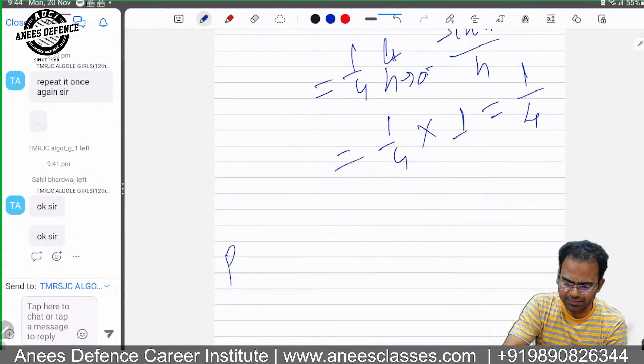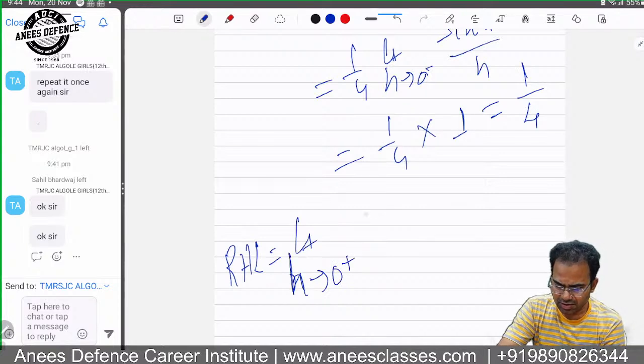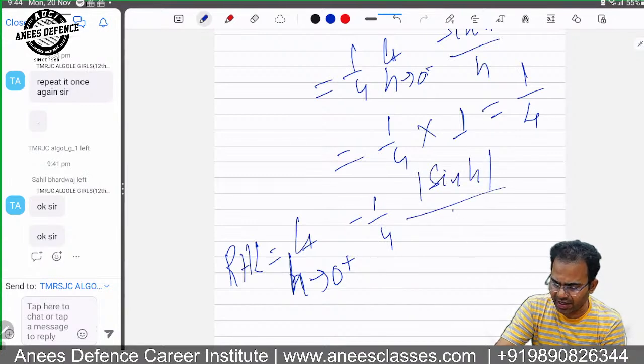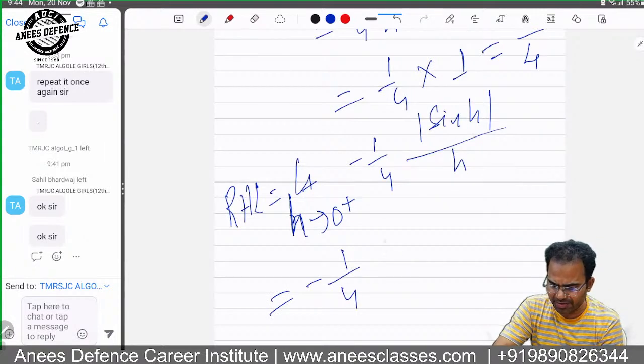Now RHL. H tends to 0 plus. Here you have minus 1 by 4 modulus sin h upon h. You will take minus 1 by 4 to the outside limit.